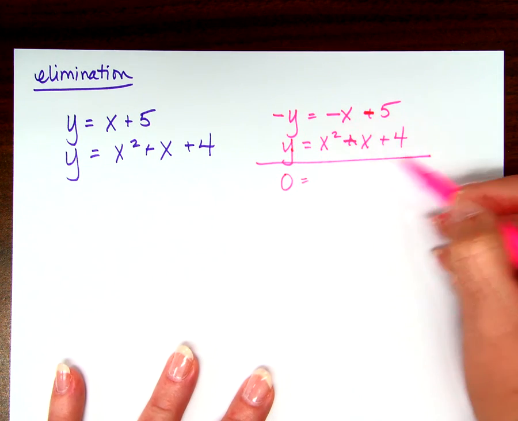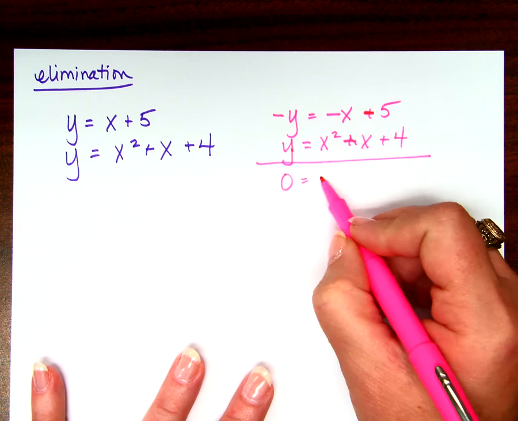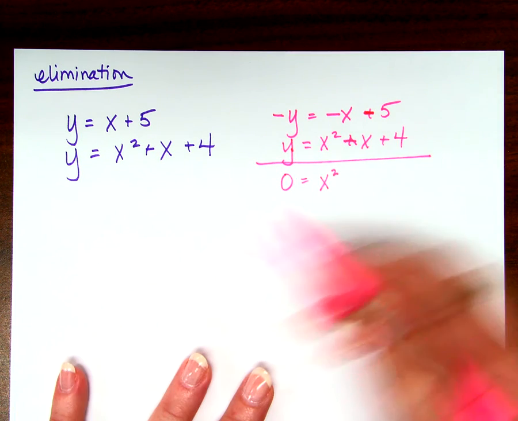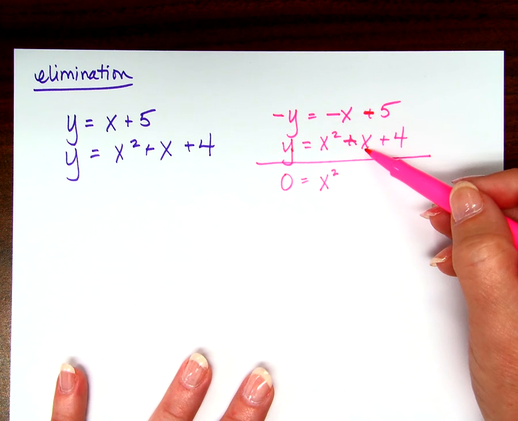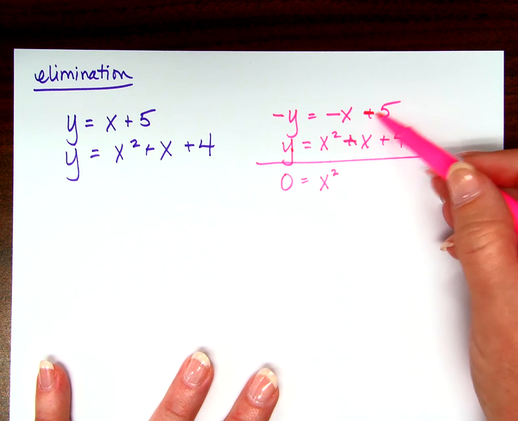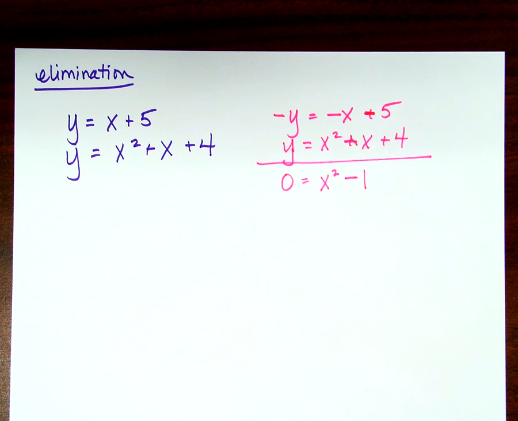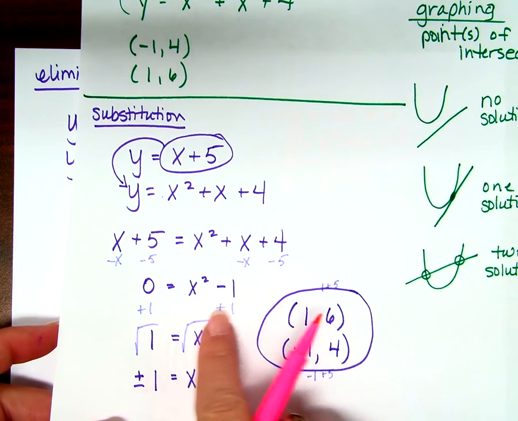Now we need to combine these the right way. I have an x squared here and not an x squared up here, so I just get x squared. I have a negative x and a positive x. That's 0. I have a negative 5 and a positive 4. Negative 1.